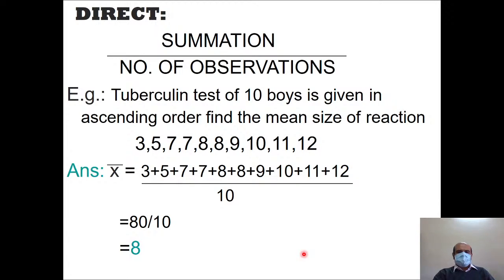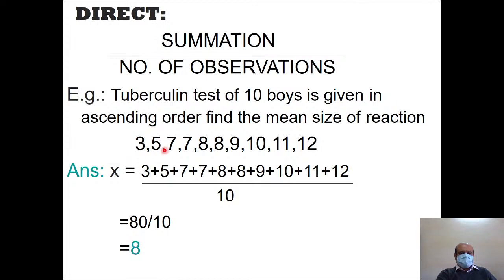So in direct, the formula will be summation divided by number of observations. Like, for example, the tuberculin test of 10 boys is given in ascending order. Find the mean size of reaction. Okay, so this is an example.